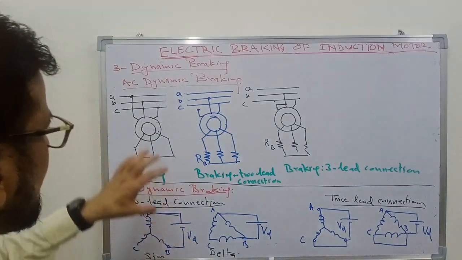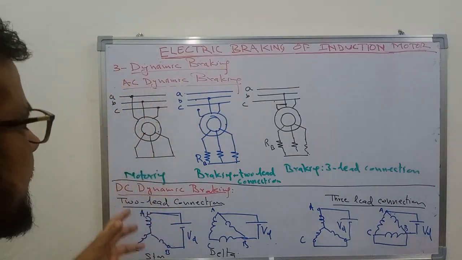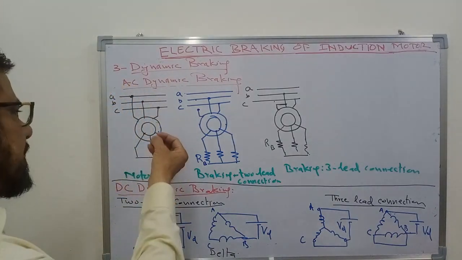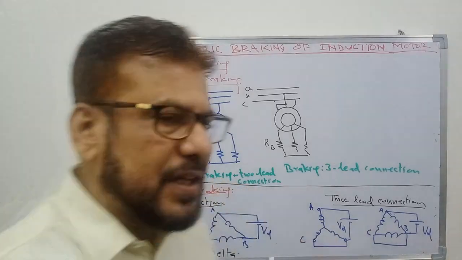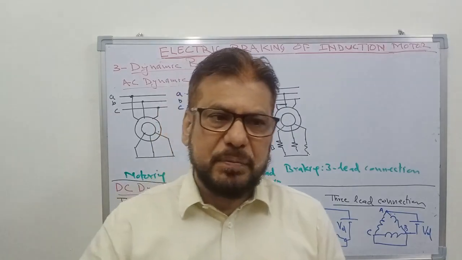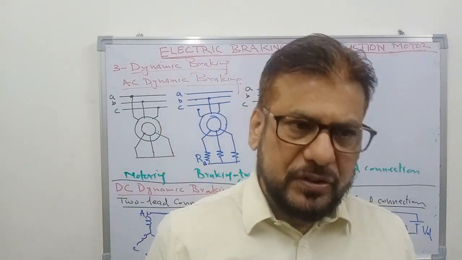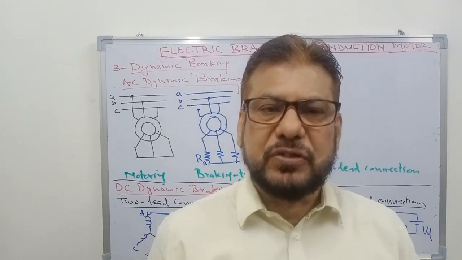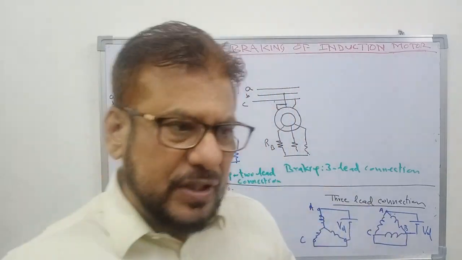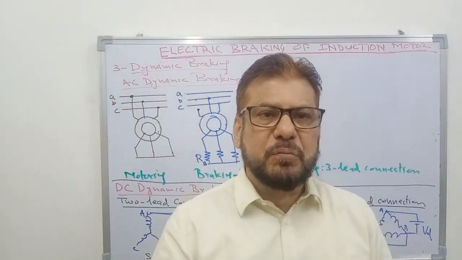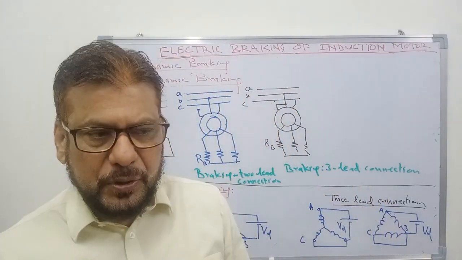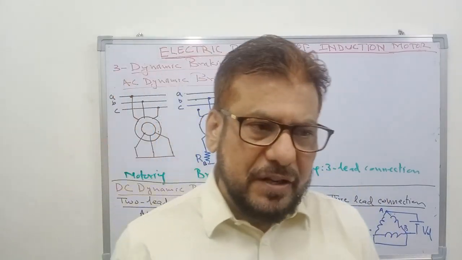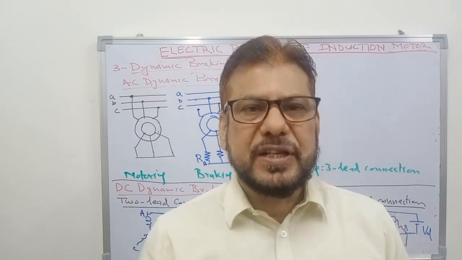What is done in AC dynamic braking is that we create unbalanced supply from the stator side, and you know that any unbalanced supply can be resolved into positive sequence component and negative sequence component. The positive sequence component produces a rotating field in the positive, say forward, direction, and the negative sequence component will produce a magnetic field in the backward direction.